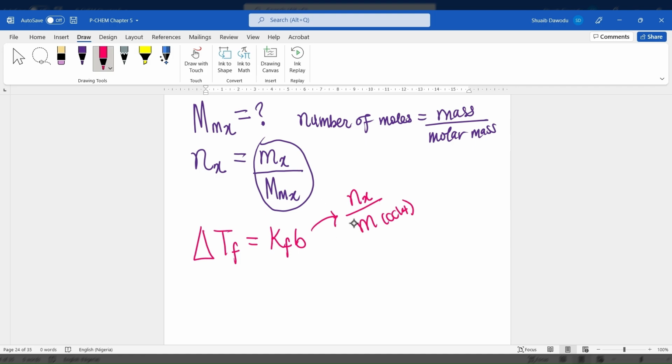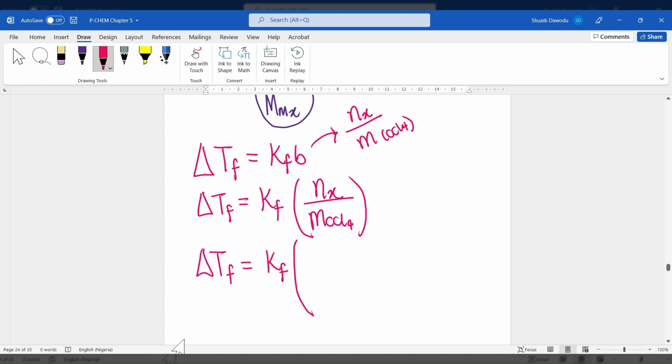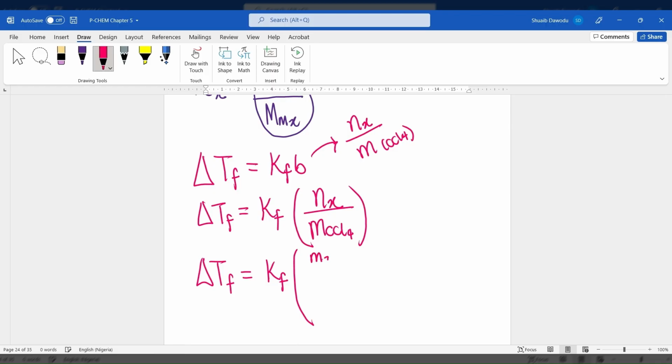So we substitute: change in T sub F is equal to K sub F multiplied by the number of moles of solute divided by the mass of CCl4, that is n sub X divided by m sub CCl4. Now remember, n sub X is m sub X divided by MM sub X. So we put this again here: change in T sub F is K sub F multiplied by m sub X divided by MM sub X, divided by the mass of tetrachloromethane. So this is really the formula.